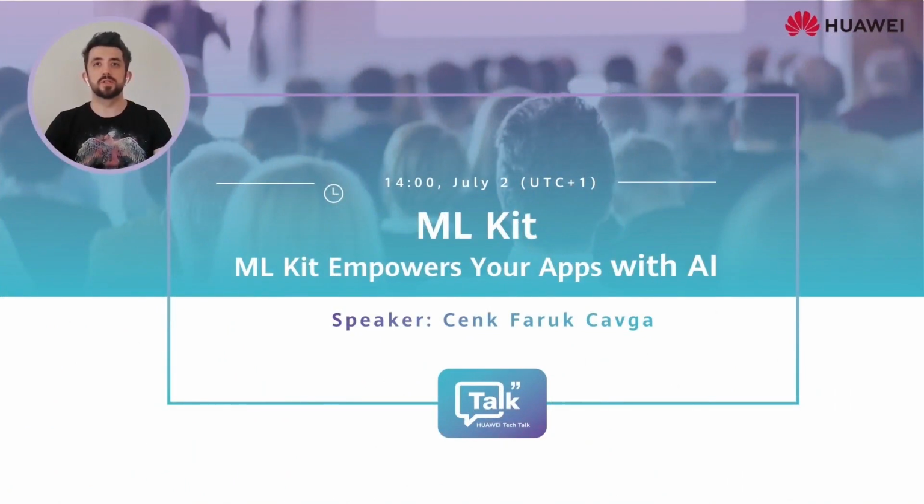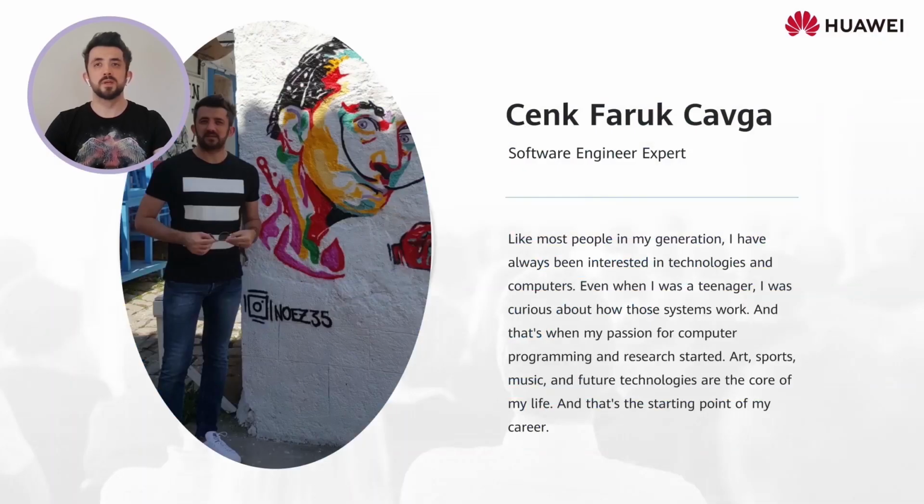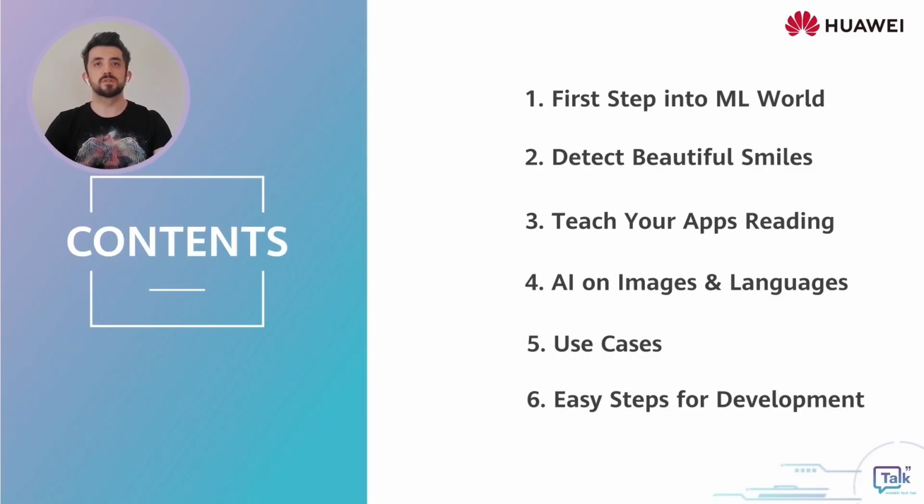Hello, my name is Cenk Faruk Chavka and I am Senior Software Engineer at Huawei. Today, I will be talking about Huawei Machine Learning Kit and how to incorporate it into mobile applications. Let's briefly go over our program. I'll start with a brief introduction of ML Kit.